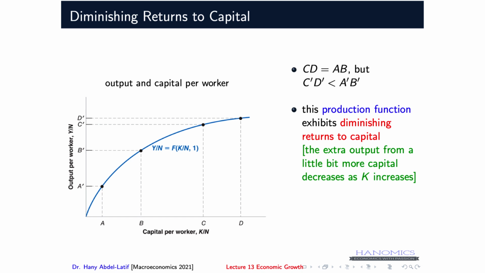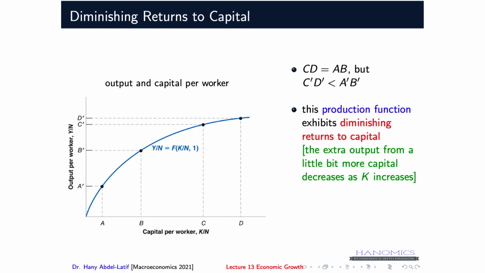So now let's see how the production function looks when we plot it. One of the very important features of this production function is the diminishing returns to capital, which we explained before.